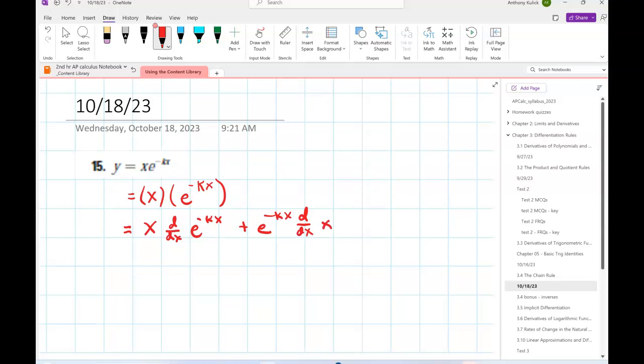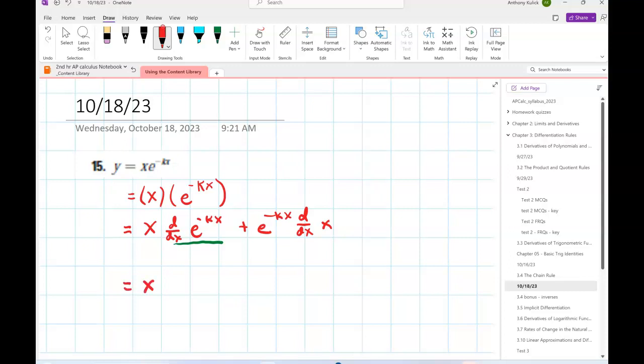Okay, so I'm just going to go slow, trying to show some steps. Now, to do the derivative of e to the negative kx, that requires a chain rule, because I noticed that the exponent is more than just x.